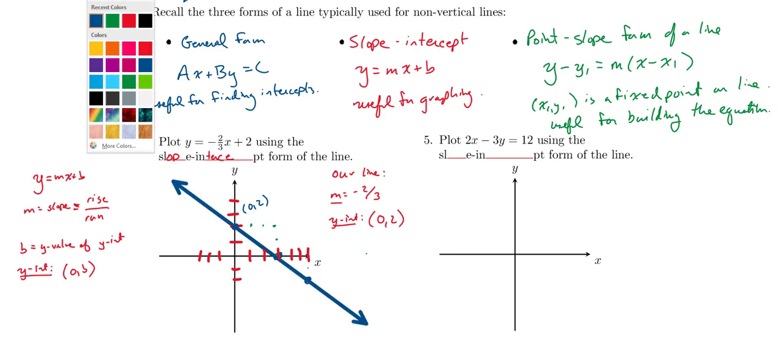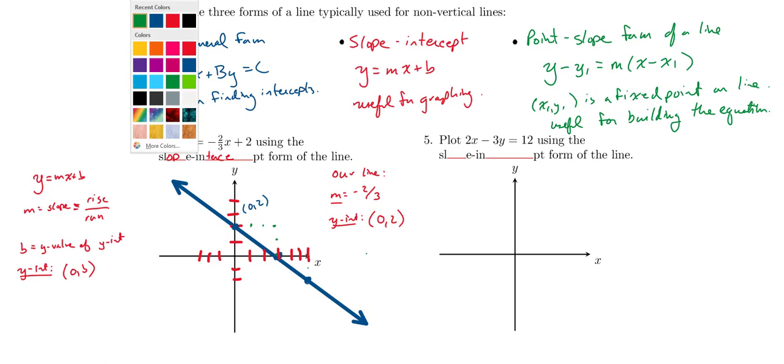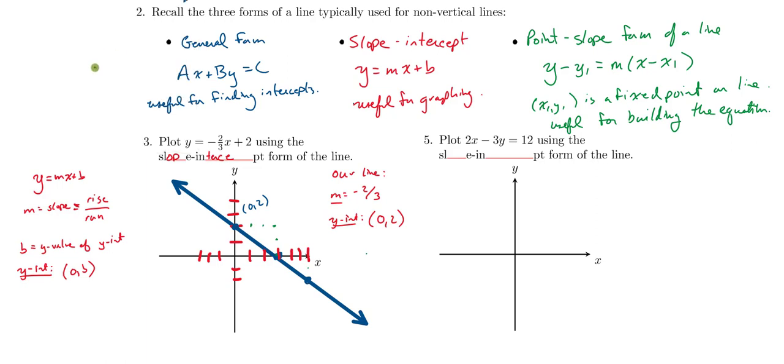So here you can see, folks, I've gone ahead and sketched the line that passes through these 3 points. I did so using the slope-intercept form of the line, where I determined m, in our case, was -2/3, and that the y-intercept was the ordered pair 0, 2. And then again, I used the slope as a recipe to find an additional point on the graph. Okay, I want to point out one other thing here.